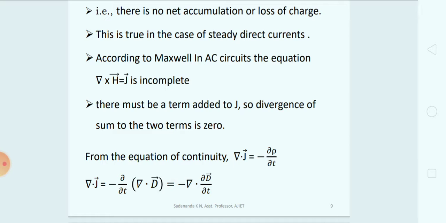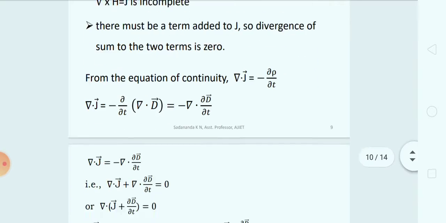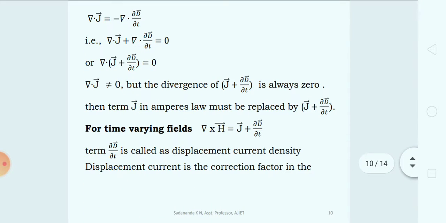Now we have the expression for divergence of J is equal to minus divergence of dou by dou t of vector D. I have repeated the same equation.